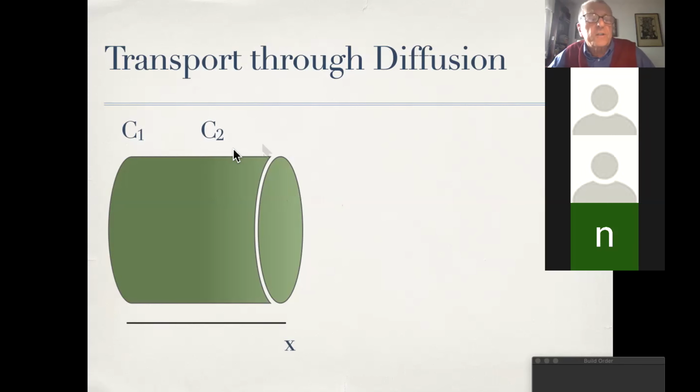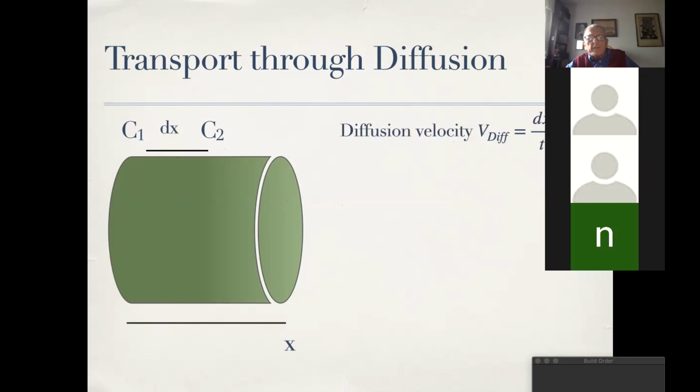And the concentration on the right-hand side is C2, and the distance between those two points I denoted as a little dx. And the particles are diffusing. So the diffusion velocity is just that distance dx divided by time.